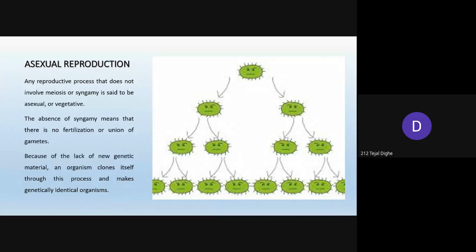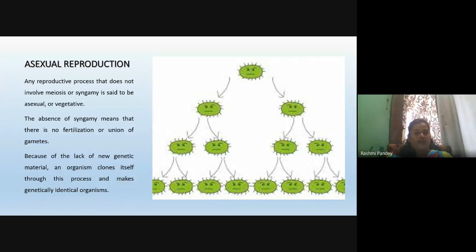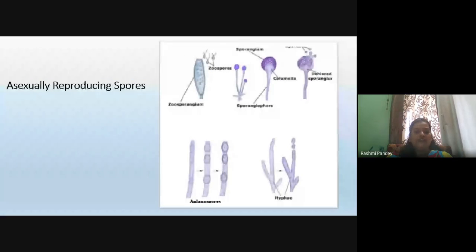Yes, ma'am. Okay, thank you. So let us continue with how such asexual reproduction is occurring in the Phycomycete. There are so many different kinds of spores and so many different means by which asexual reproduction may occur.